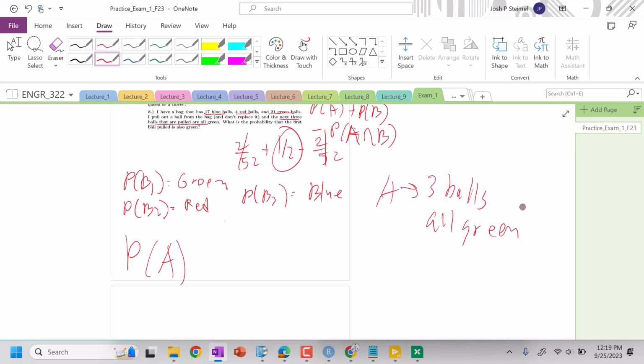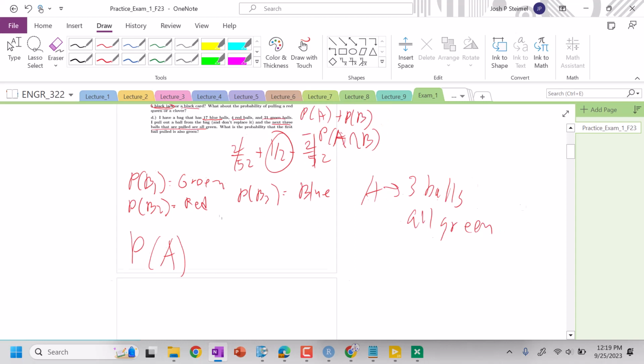So now we need to build up our Bayes' theorem formalism. Let's write it out in full, and then we'll tackle it.